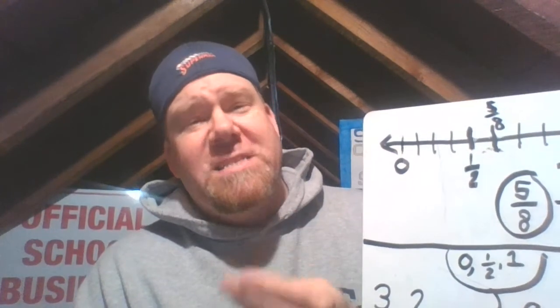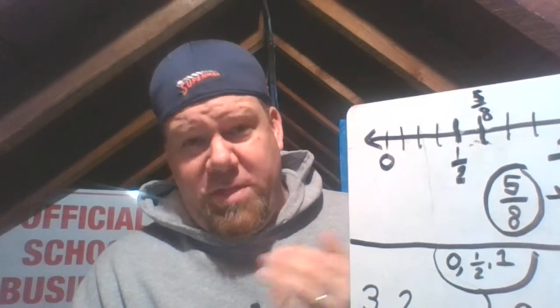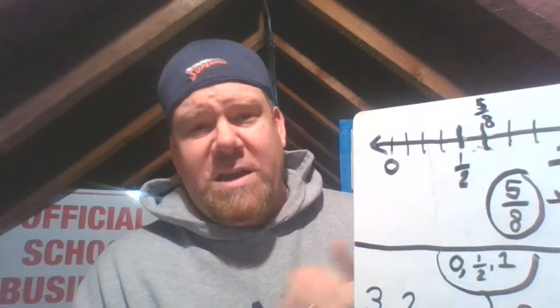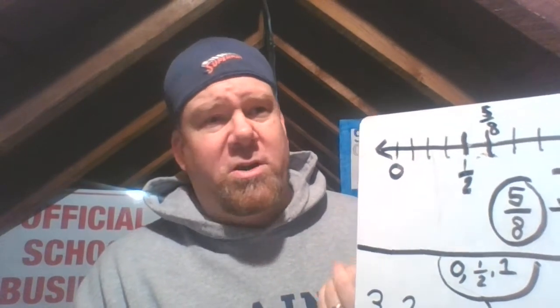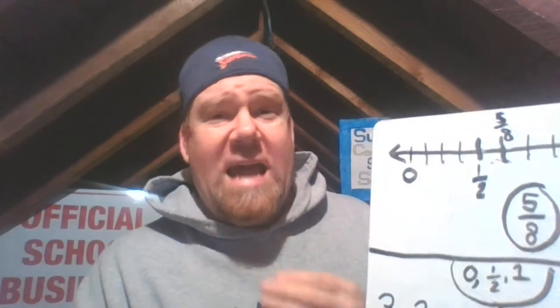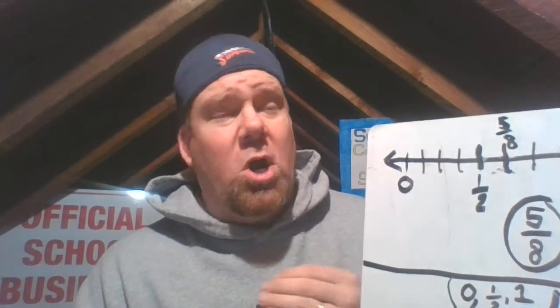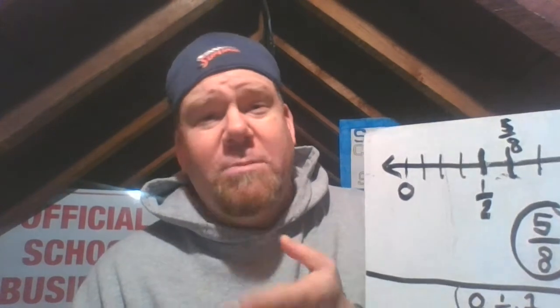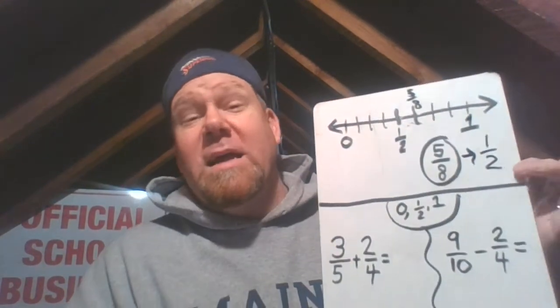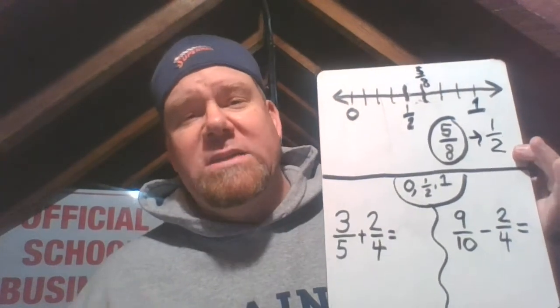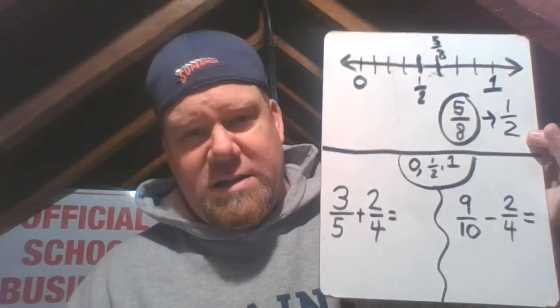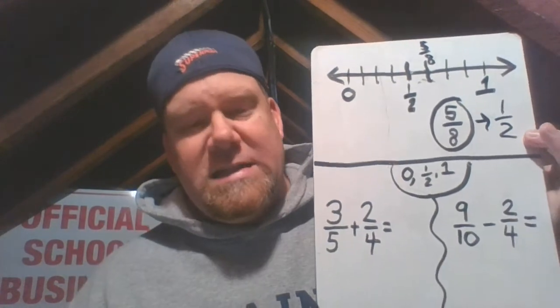It's pretty simple once you've estimated the fractions, because then the problem becomes much simpler. It could be something like 1 minus a half, or 1 minus 0, or half minus 0, or 1 plus 1. So I'm sure you can solve those problems. Later on, though, thankfully, we will get to adding and subtracting fractions without estimating.